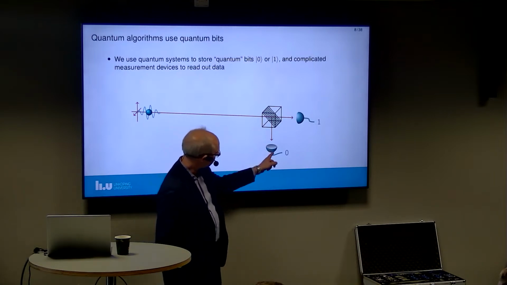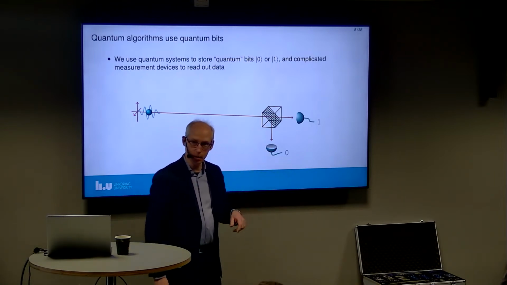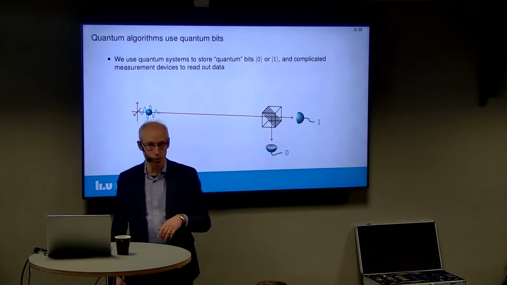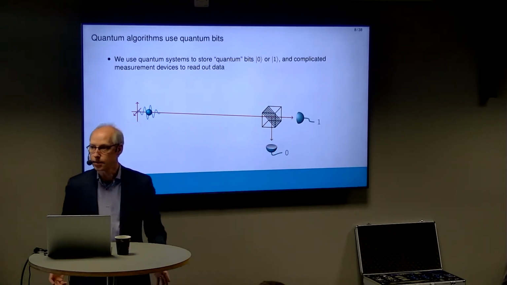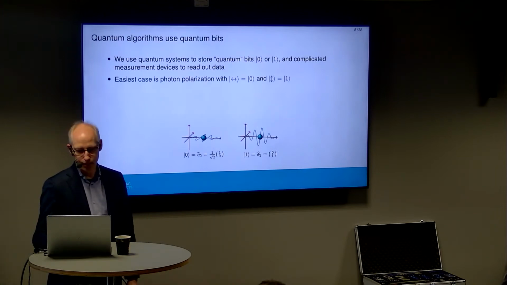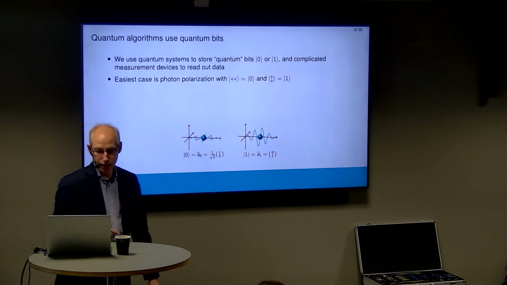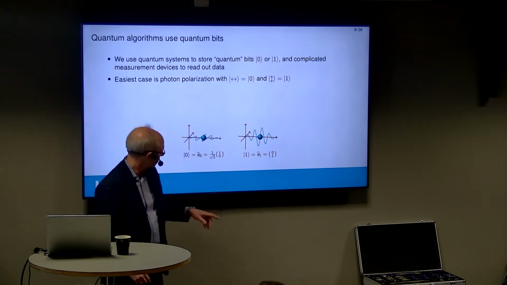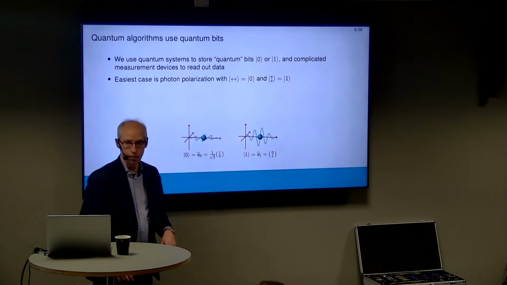So if there is a click in this detector, we'll say this photon was a 0. If there's a click in that detector, we'll say the photon was a 1. Is that okay? So, photon polarization, horizontal, vertical, 0, 1.